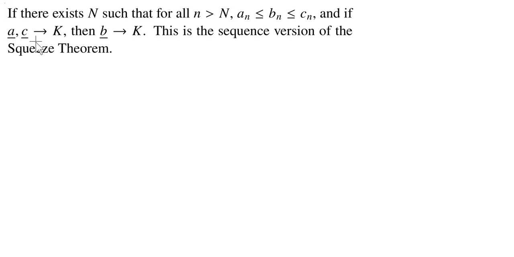So since a converges to k, we know there exists a function. Okay, this is our eventually function. And well, let's see, since we have some sort of big N in here, maybe we should use some other letters this time just for fun to mix things up.